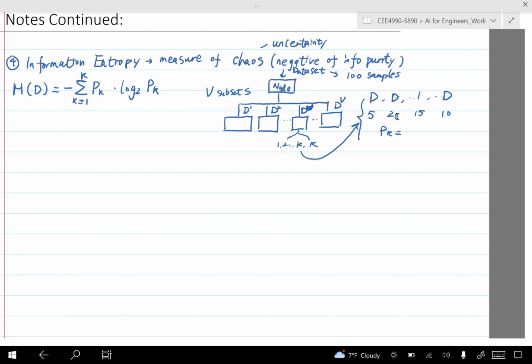Let's say we have 4 of them: 1, 2, 3, 4. If the total is 100, then the sum of them needs to be 100. Let's say 20, 40, 50. So we need to have another 50 here. Let's do 65. So in this case, p_k, let's say it's p_3, should be 65 divided by the total. That's how we get p_k. And because of that, we can get a p value for each of the categories inside here. So p_k should be smaller than or equal to 1, and greater than or equal to 0.